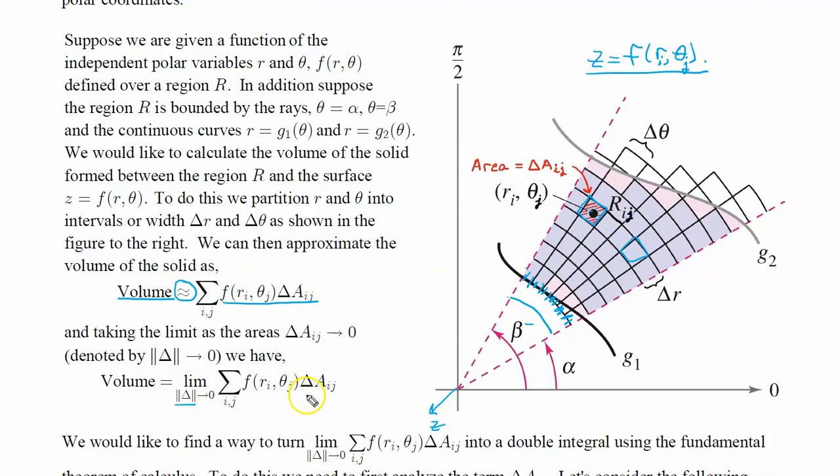Now what we have to determine next is how to write this delta A sub ij in terms of delta r and delta theta, so that when we take the limit here, this will turn into a double integral, and these will turn into dr d theta, and then we'll have a double integral set up. Now this delta A is not exactly delta r times delta theta, as we'll see. So that's what we need to do. Now, to do that, let's take a look at this diagram.